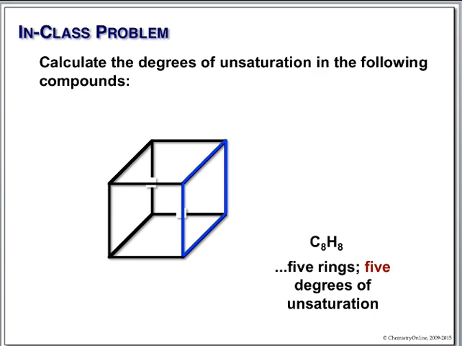I could do it this way. We could do the same thing here on the bottom, couldn't we? And now we have these 2 carbons that need to be connected. That's 1 more. And these 2 carbons. 5 rings, 5 degrees of unsaturation. That's fun, isn't it?